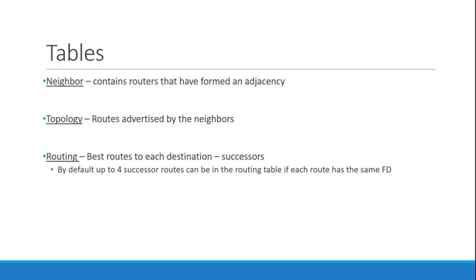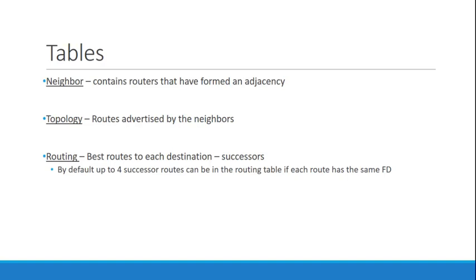R2, R3, and R4 then will also let R1 know about all the routes that it has. And all of those will be maintained in the topology table. And then DUAL takes the topology table, or takes all of those routes, and calculates the best routes. EIGRP uses DUAL for route calculation, or best route calculation.